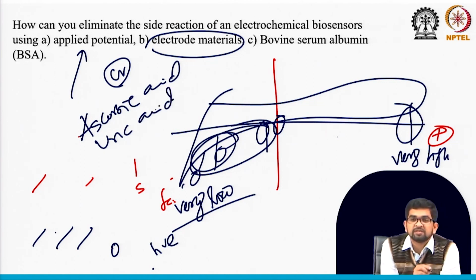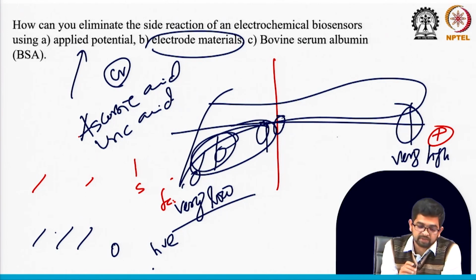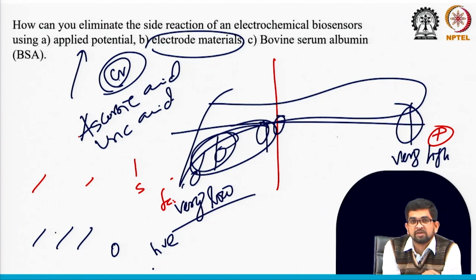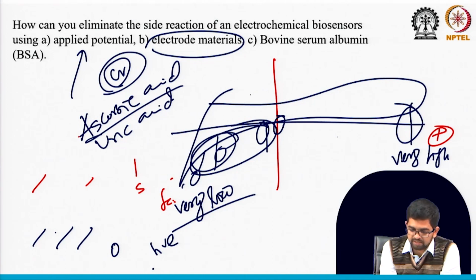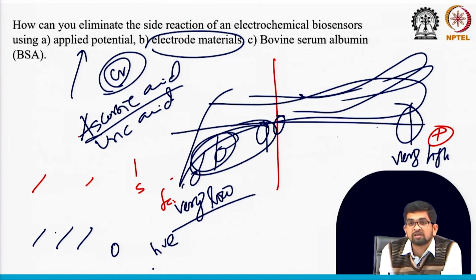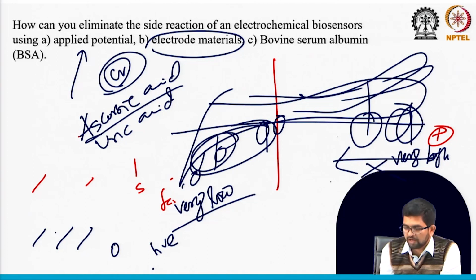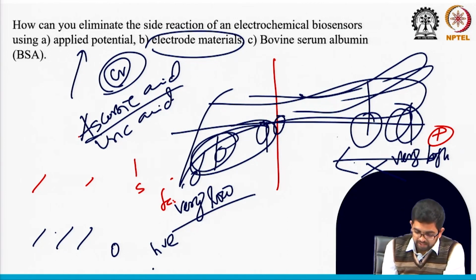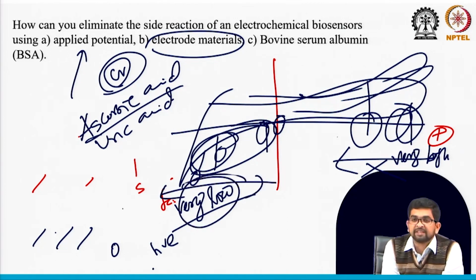If you measure the cyclic voltammogram, which, as I told, is a very important tool to get information about your sensor, you can see that ascorbic acid can oxidize here, and uric acid can also oxidize here. So you should not apply such a high potential. That is why we avoid such high potential during biosensor development, and we also avoid very low potential, because there is some other background effect related to dissolved oxygen.